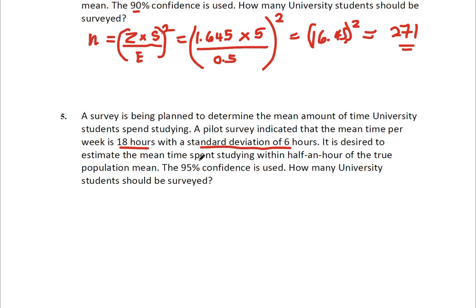It is desired to estimate the mean time within, again, half an hour of the true population mean, and 95% confidence is used. This will be done very similar to number 4, so I'm going to leave this one for you to practice. This is a matter of calculating the sample size for an estimate of means using this same formula here. So I'll leave that one for you to practice.